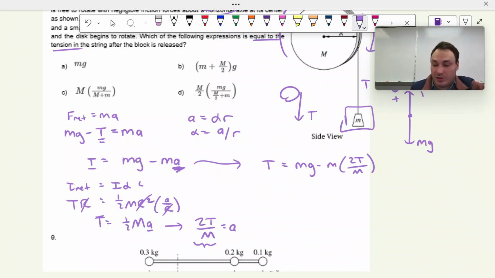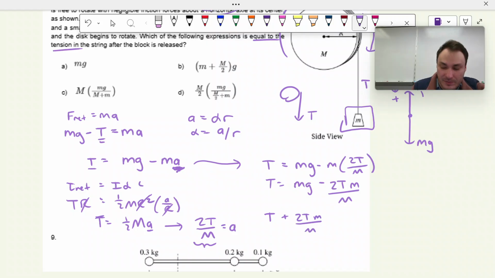We can now solve for the tension T, but we do have to combine our like terms, so let's start working our way through this algebra. T is equal to mg minus 2 times T times little m over big M. Adding this to both sides, we get T plus 2T little m over big M is equal to mg.